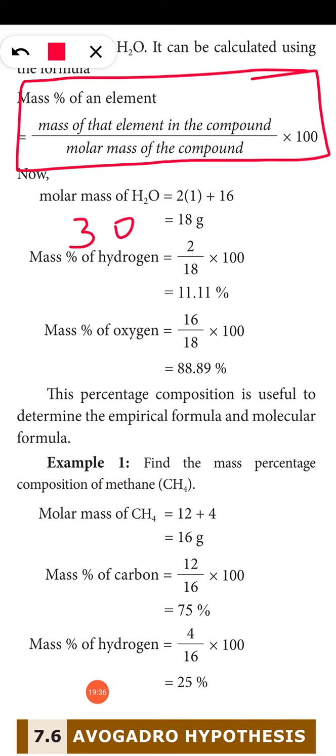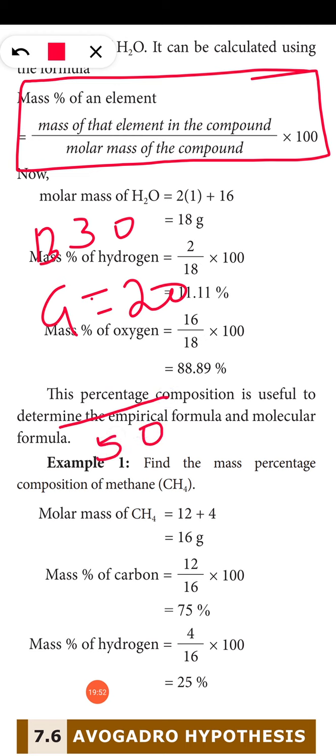In your class, 30 students of boys, girls 20 students, அப்போ நீங்கள் பர்சன்டேஜ் எப்படி கேல்குலேட் பண்ணுவீங்க அப்படின்னா the total strength of the class, நீங்கள் டினாமினேட்டரில் எடுத்துக்கணும். Total strength of the class is 50.